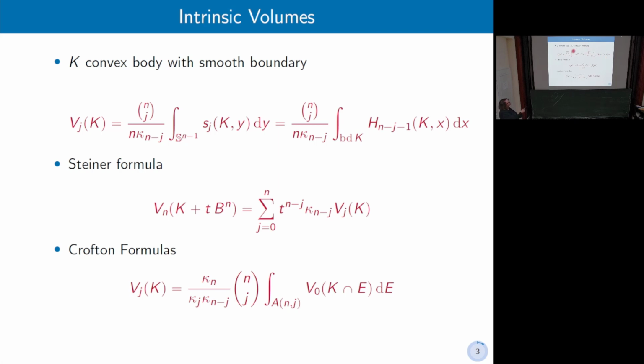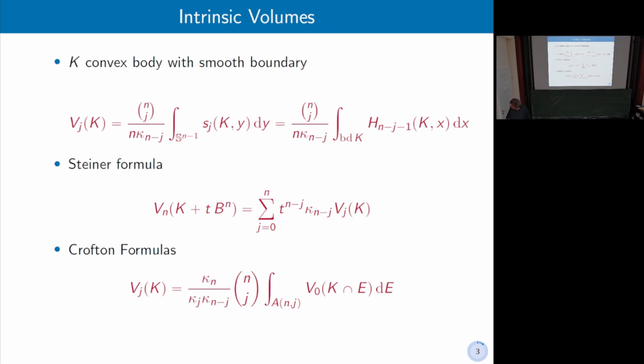Or you could do a similar thing if you look at radii of curvature of a convex body. Or you use the most classical way to do it. You use the Steiner formula. You calculate the volume of a parallel body of K and see that this is a polynomial in this factor t, and the coefficients are the intrinsic volumes, and there are other ways to define intrinsic volumes.